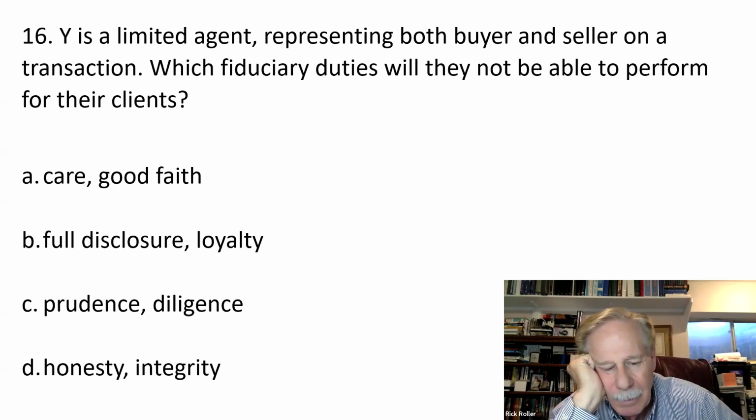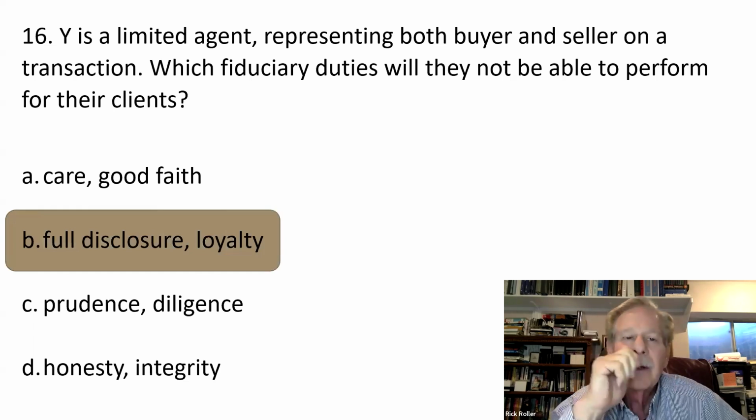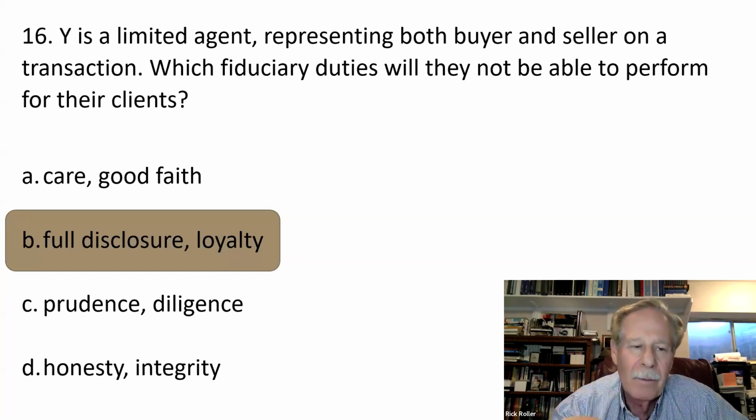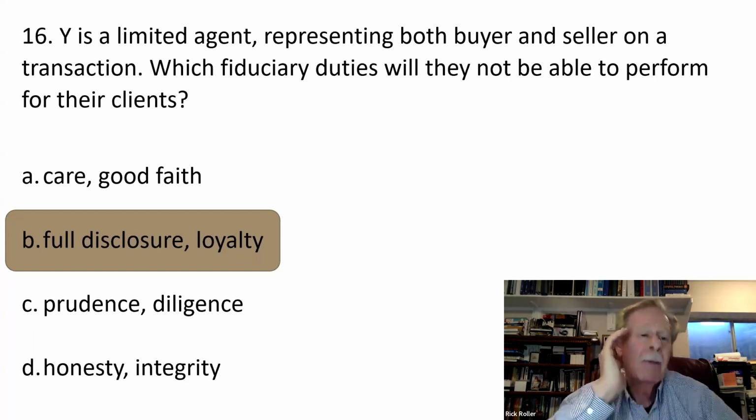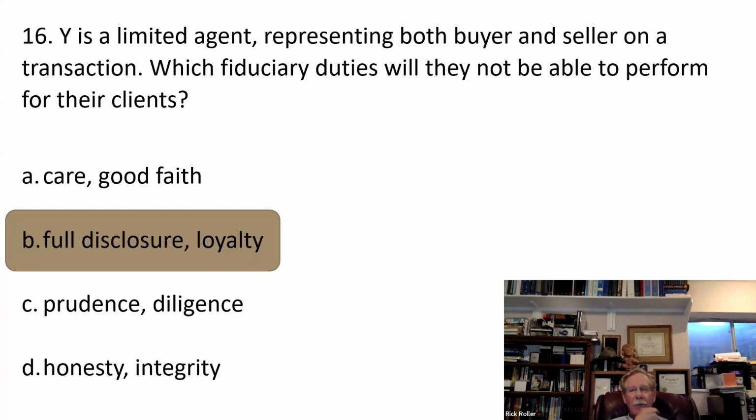Okay, it doesn't really matter who you're representing. But on this one, number 16, the correct answer is B, full disclosure and loyalty. That's where you're going to run into trouble, because for full disclosure, you got to keep the seller's secret secret and the buyer's secret. You have to be loyal to both parties, which means, generally speaking, a buyer would probably want you to find out anything you can find out and let them know.